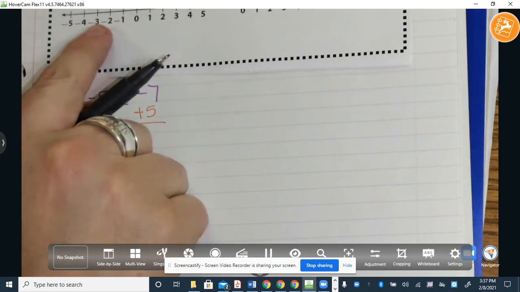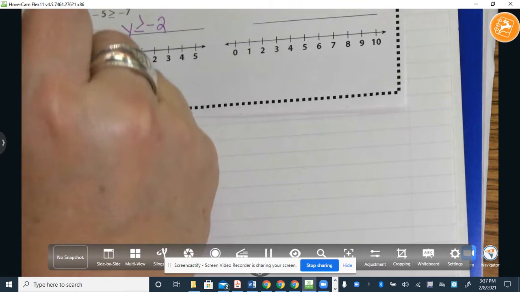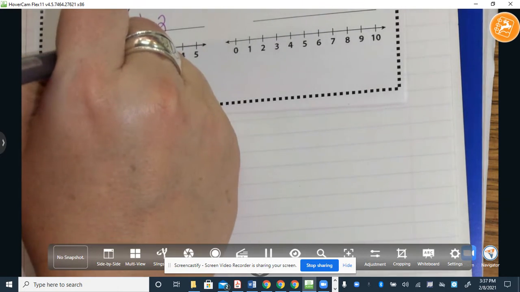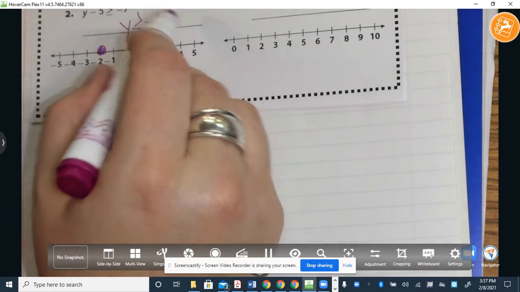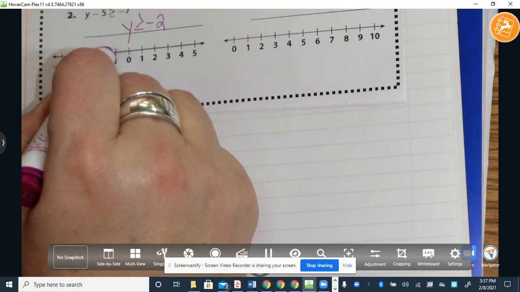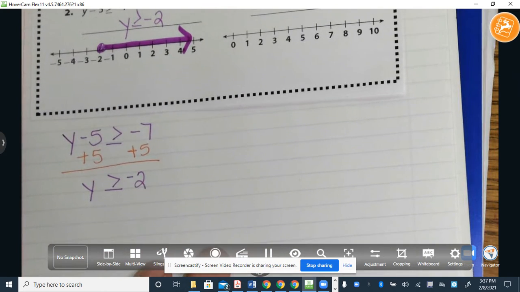So I'm going to go to negative 2 and put a circle on it. I'm going to shade it in, because it can also be equal to it. And then it's greater than, so I'm looking for all numbers to the right. I'm going to draw my arrowhead.